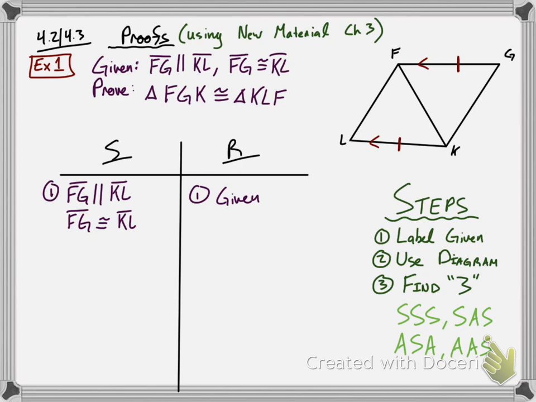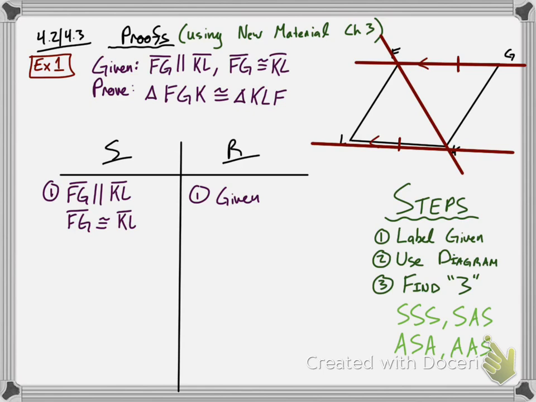Now we're going to explore a little bit with this parallel idea. So what we have are two lines that are parallel. And then we are able to use this line in the middle, between the two triangles, as a transversal. So we have two parallel lines and a transversal.